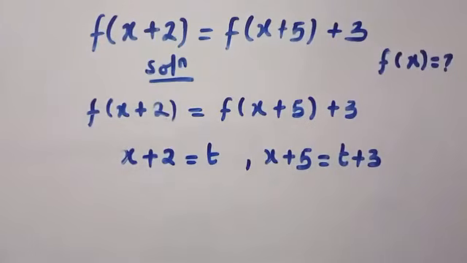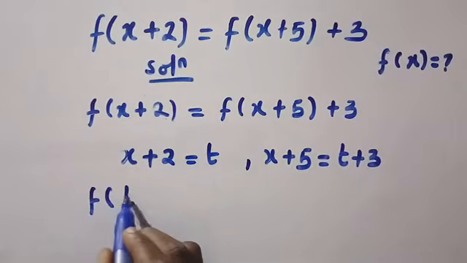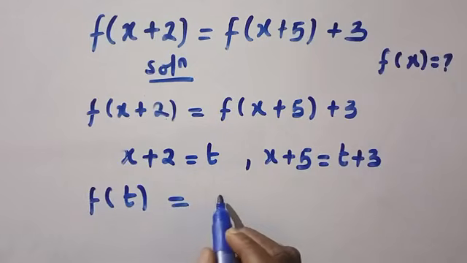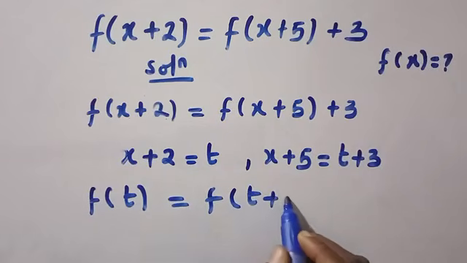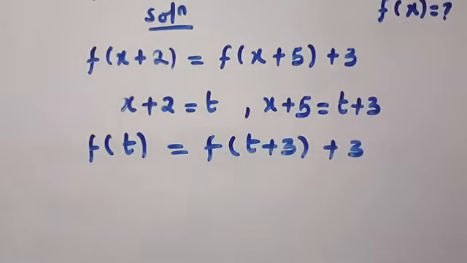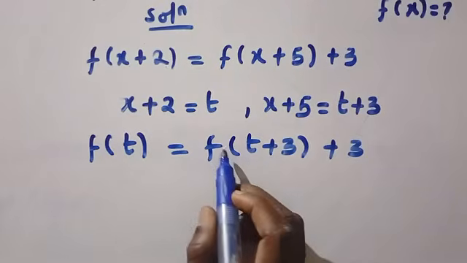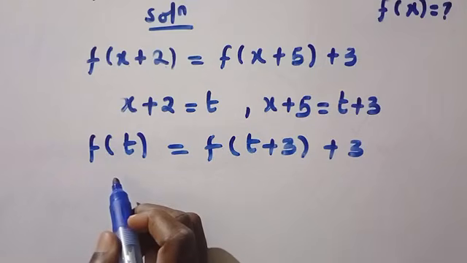Then we replace it as we have f of t equals f of t plus 3, then plus 3. And after getting this, I want to make f of t plus 3 to be in the position of f of t.